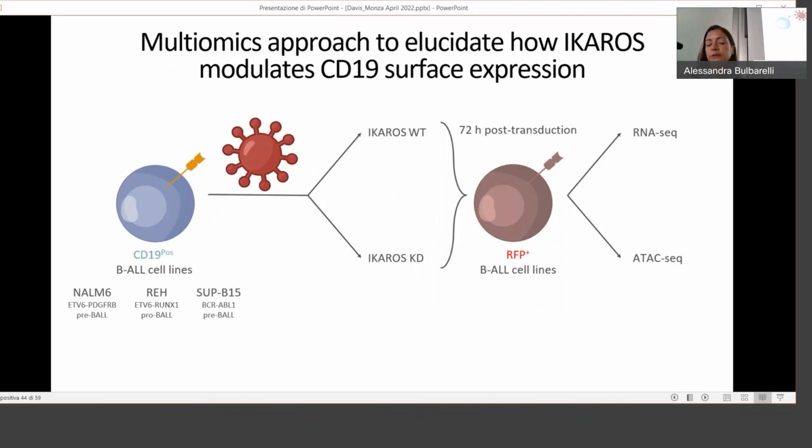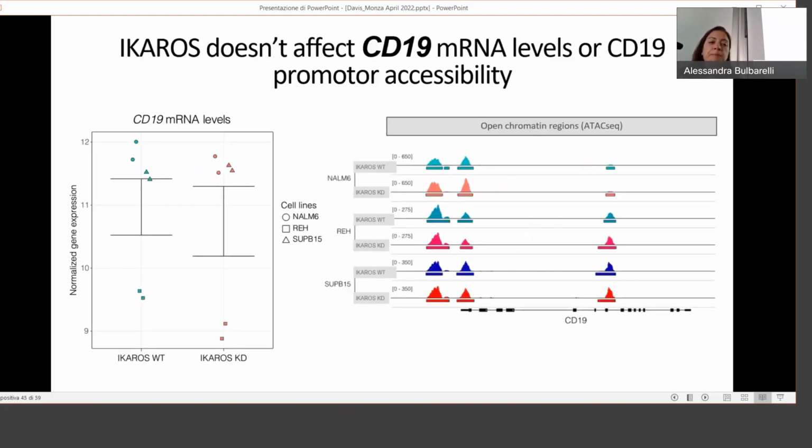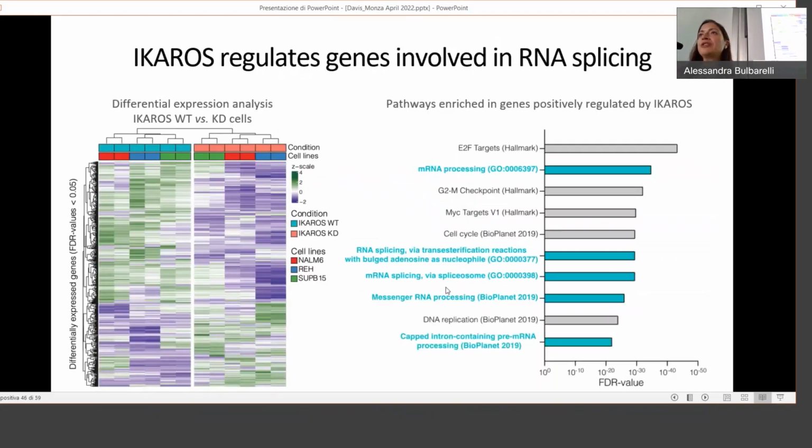So Pablo took his cell lines and went on to do a multi-omics approach, doing RNA-seq and ATAC-seq to look at chromatin accessibility in these cells. And what we found was that Ikaros doesn't affect CD19 mRNA levels, which is here on the left, or the availability of the CD19 promoter. But it did seem to change splicing regulation in the cell.